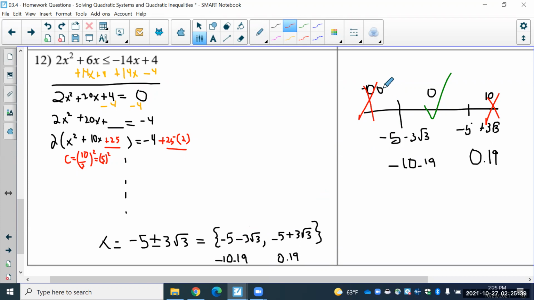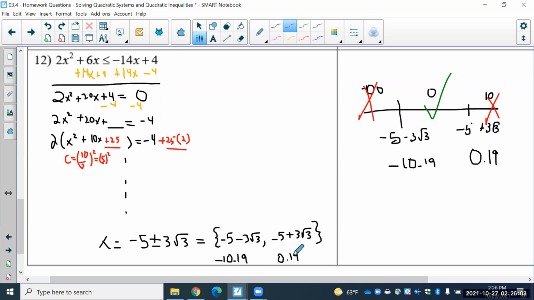So I use -100. And if I put -100 in here, I get 20,000. Is that going to be less than -14 times -100? The answer is 20,000 is always going to be bigger than whatever this is. So that's false. Again, you might want to start where 0 is, because you just get 0 is less than 4, which is true. And 10 results in a similar thing. But how do you know 10 is even in the interval?